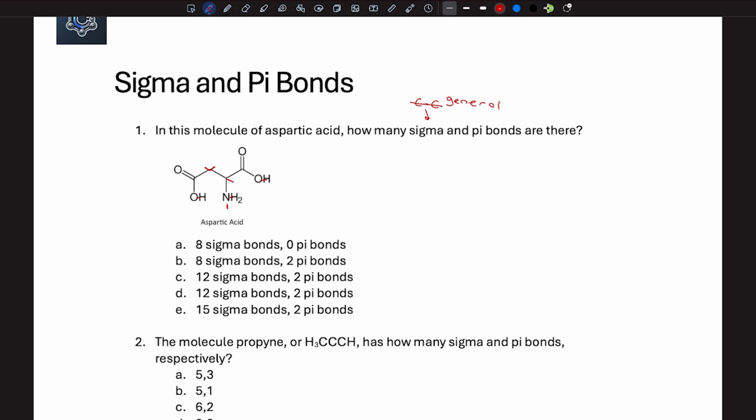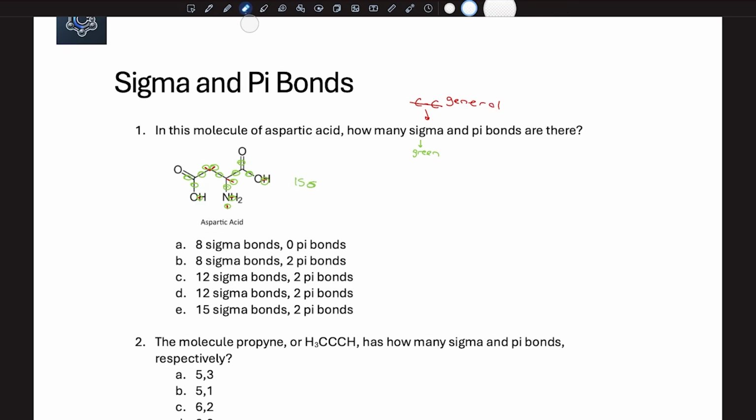So let's do sigma bonds in green. We'll have 1, 2, 3, 4, 5, 6, 7, 8, 9, 10, 11, 12, 13, 14, 15. All right, that means we have 15 sigma bonds.